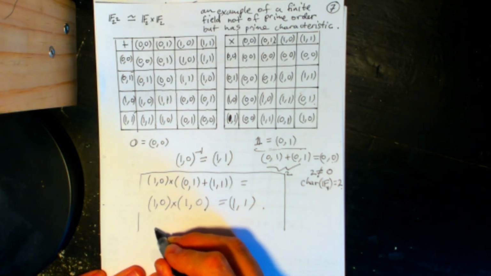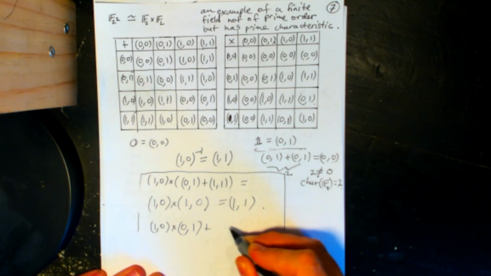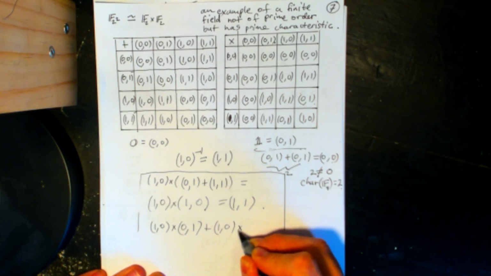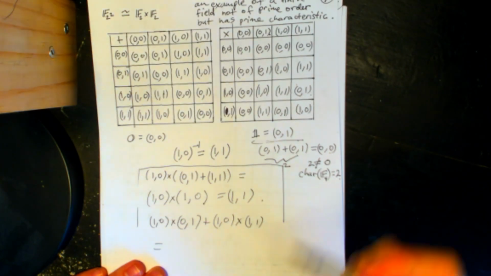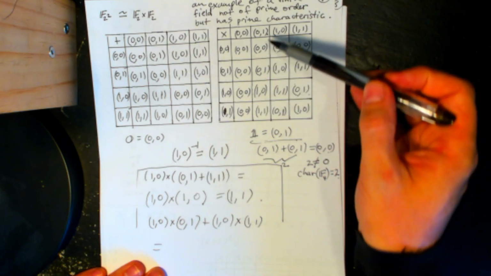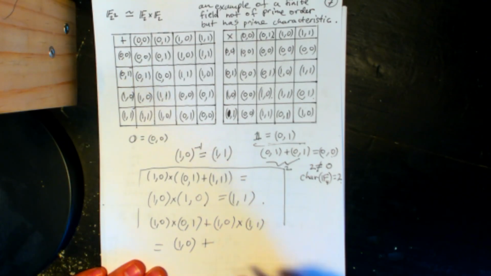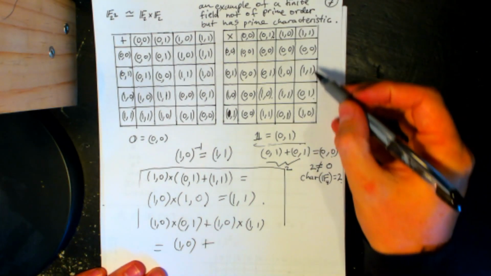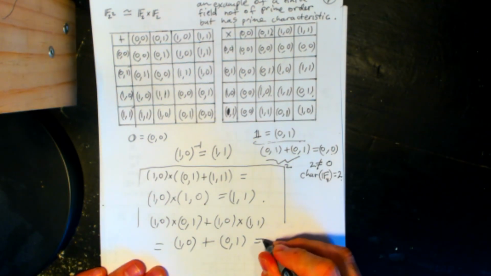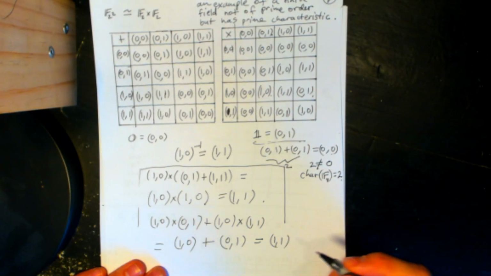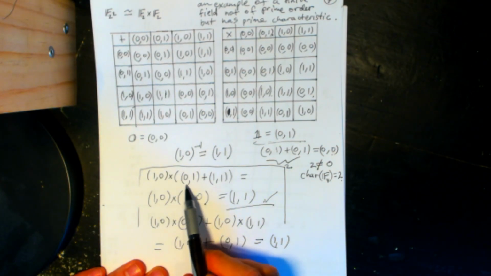So 1, 0 times 0, 1 plus 1, 0 times 1, 1 is equal to, so 1, 0 times 0, 1 gives 1, 0 there, and then we're adding 1, 0 times 1, 1, which is 0, 1. Now adding those two together, we have 1, 1, which agrees with what we have right here, if we add those first and then multiply.